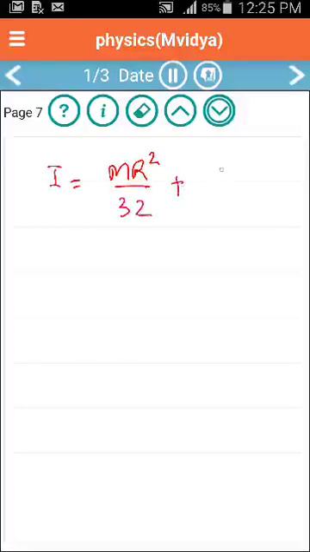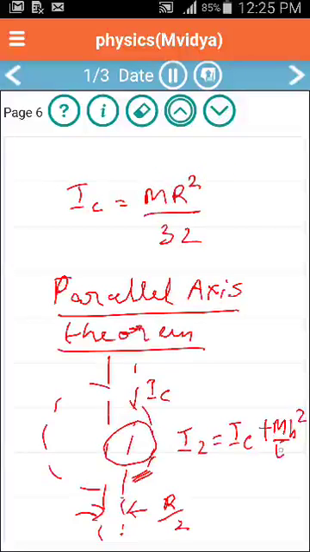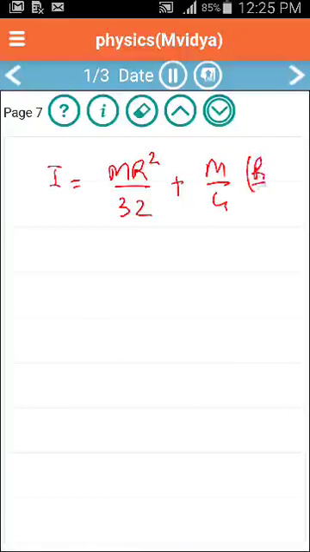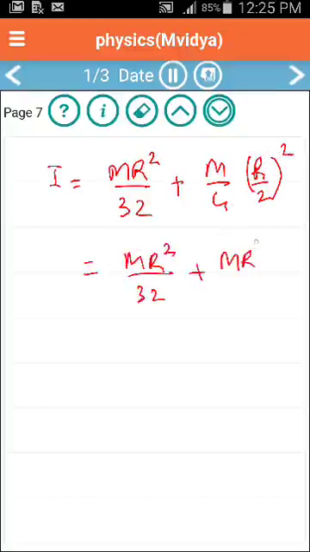So I have I2 is equal to m r squared by 32 plus m by 4 into r by 2 squared, which is mr squared by 32 plus mr squared by 16.